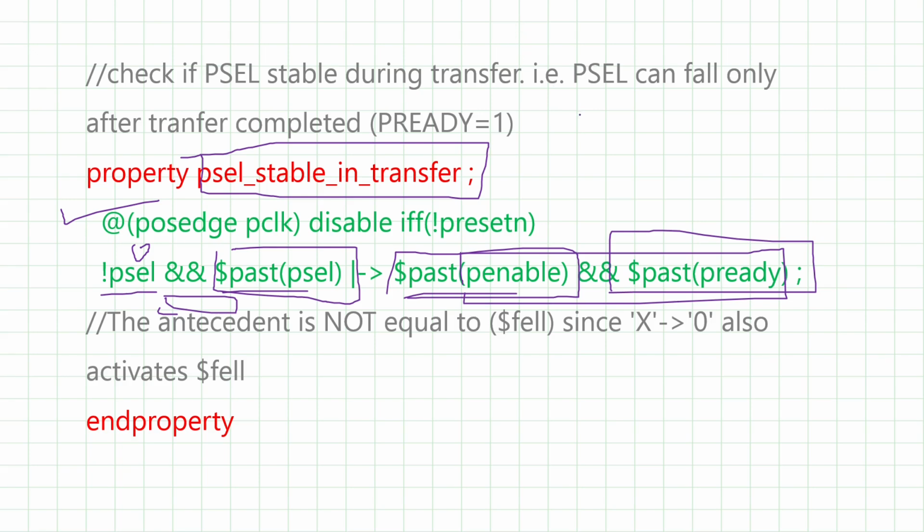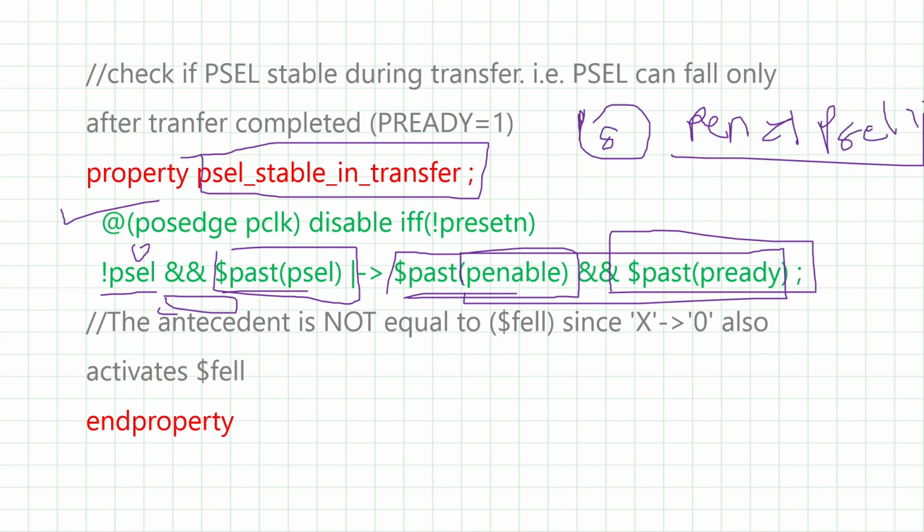Before that, in the setup stage, our p enable is 1 and p select is also 1, and this is our past condition. So it is checking that this past condition is there or not. When p ready is available, meaning output is available, when these two are 1, then p select and p enable should be stable.